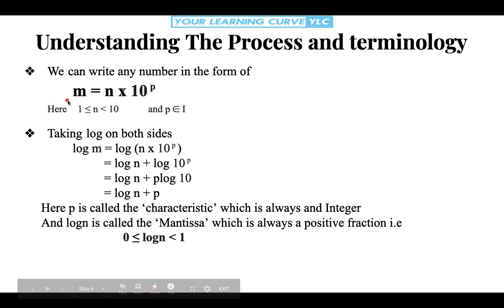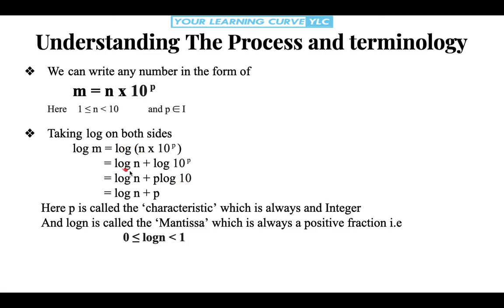Now taking log of this relation on both the sides, we get log of m is equal to log of n into 10 raised to the power p. By applying the properties of logarithm, we get log n plus log 10 to the power p. The exponent comes out, gets multiplied, and we get log n plus p log 10.